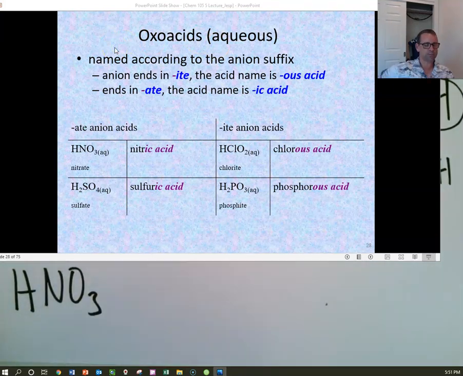We see the oxygen there, and we also might recognize that the hydrogen ion is with a polyatomic ion. Did you recognize that? That's another way we can recognize oxyacids. It's a hydrogen with a polyatomic ion.